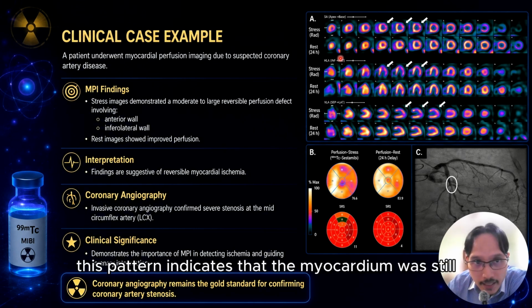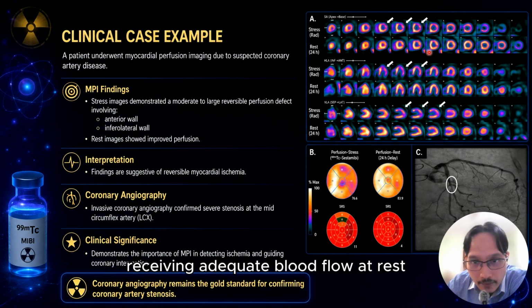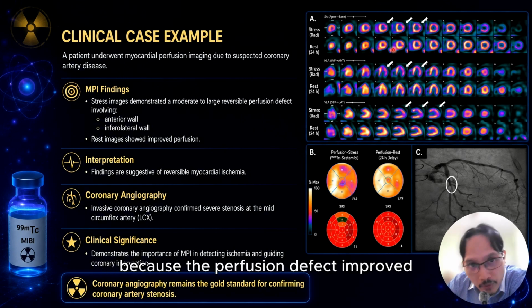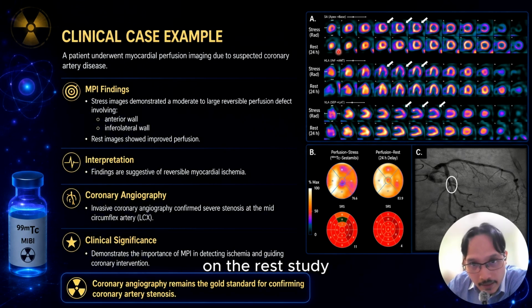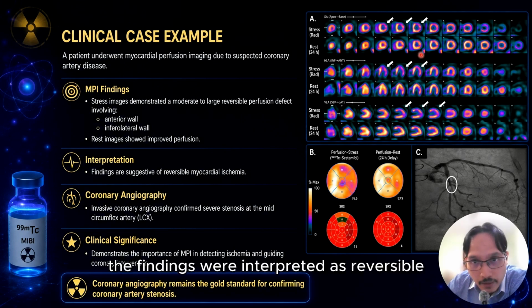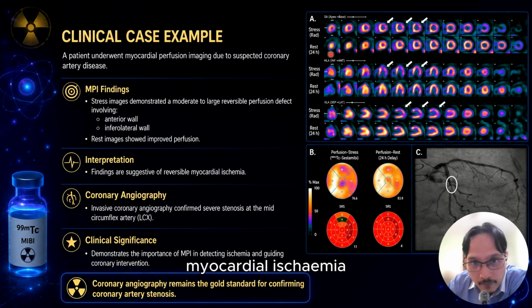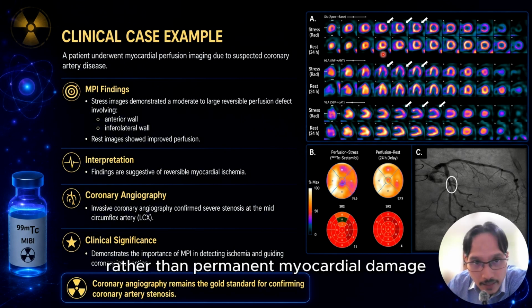This pattern indicates that the myocardium was still receiving adequate blood flow at rest. Because the perfusion defect improved on the rest study, the findings were interpreted as reversible myocardial ischemia, indicating viable myocardium with stress-induced ischemia rather than permanent myocardial damage.